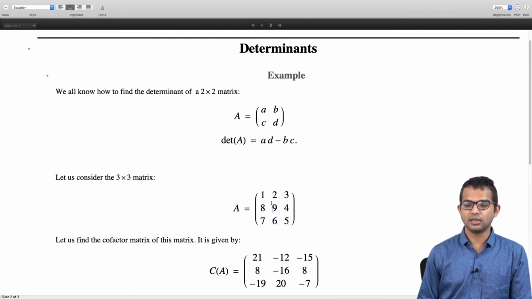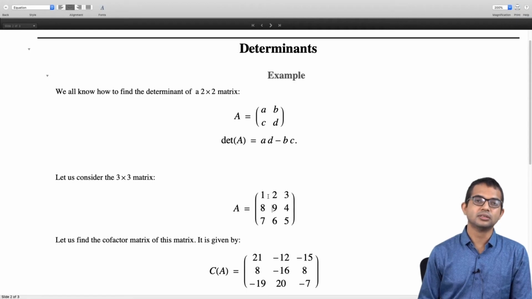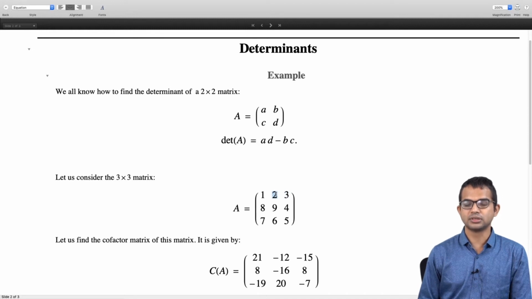But you have to be a bit more careful, because there is also a sign involved when you are computing the cofactor. What I just told you is what is called a minor, and then you have to tag along a factor of minus 1 to the power row plus column. Let's look at the second entry here, 2. What is its minor?